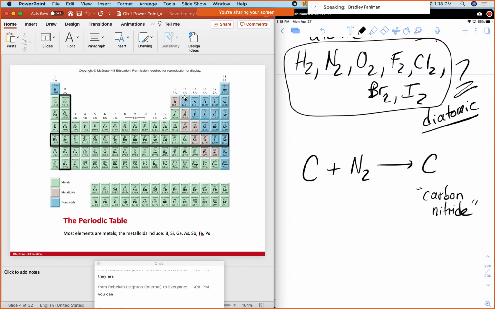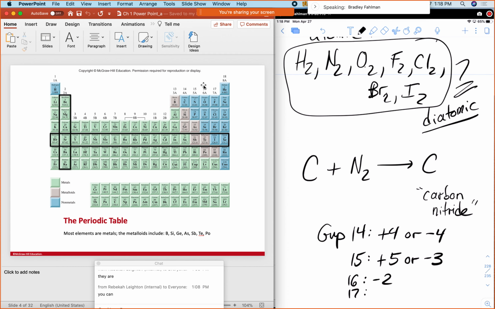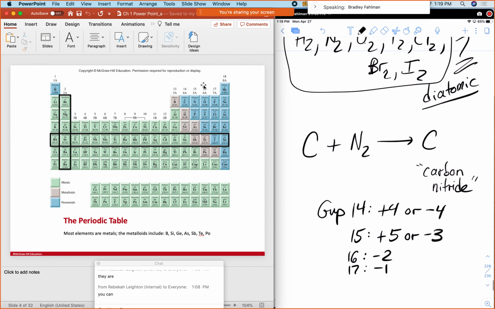And then carbon is where you start to have two possibilities. Group 14 can be either +4 or -4. And then nitrogen, the group 15s, can be +5 or -3. And then we're back to what you can predict more easily. So those are the preferred charges.